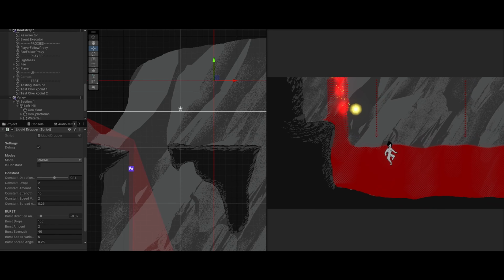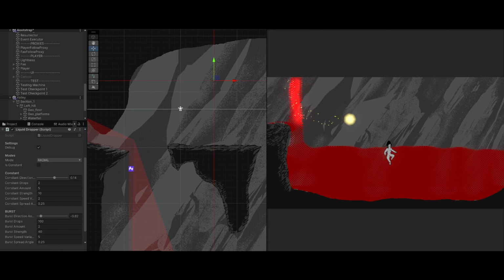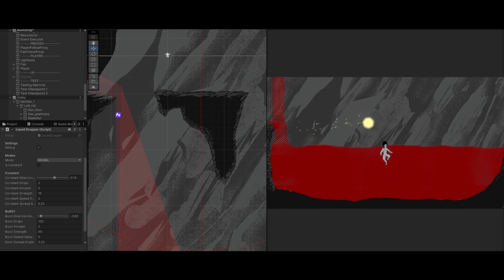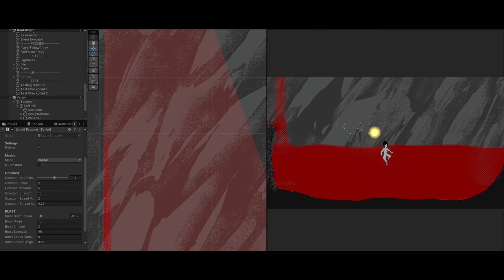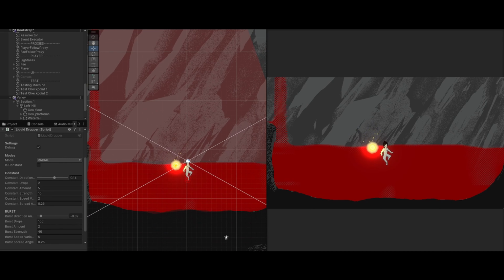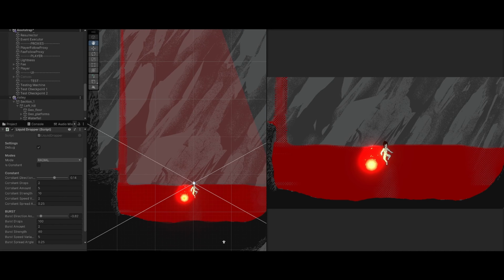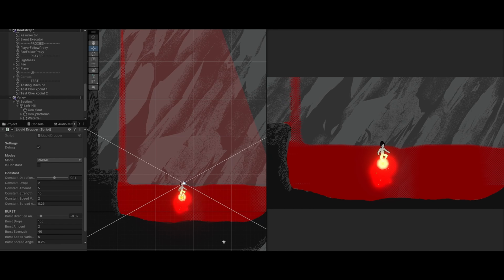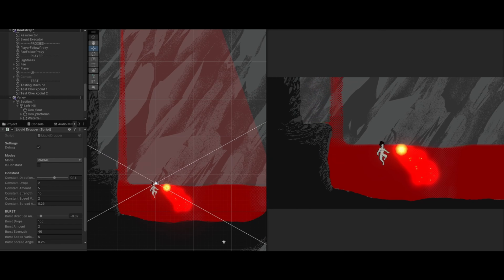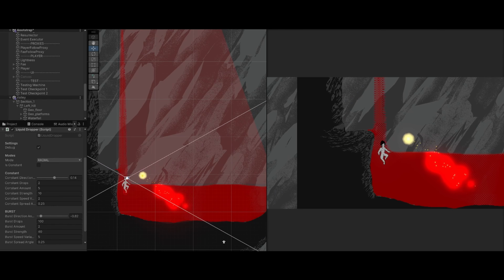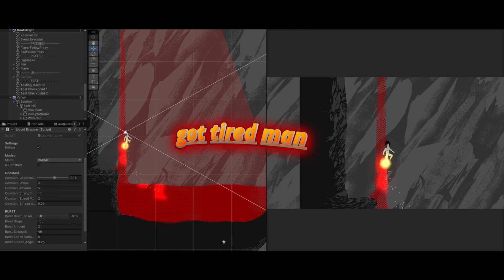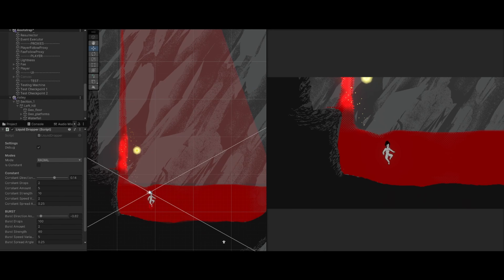So this is what we call a volume grid. A volume grid or liquid volume, I think it was a volume grid. Okay, the liquid volume. It just spawns blood and refills it.